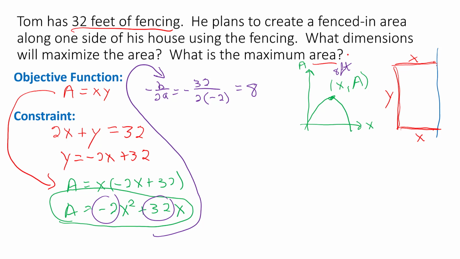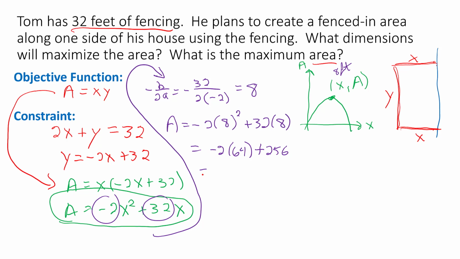And then to find what the area would be at that time, we're just going to plug in 8 for x here. So the area that occurs at the vertex would be negative 2 times 8 squared plus 32 times 8, or negative 2 times 64 plus 32 times 8, which is 256.